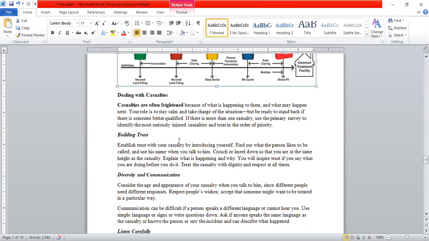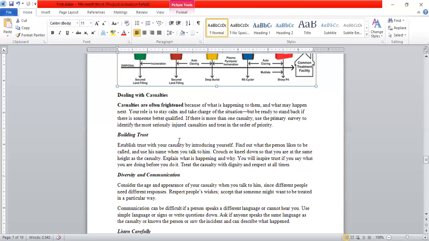What happens is you will meet different types of people with different types of injuries, and some of them may accept you to offer first aid, or may not. So how do you deal with all these kinds of situations?